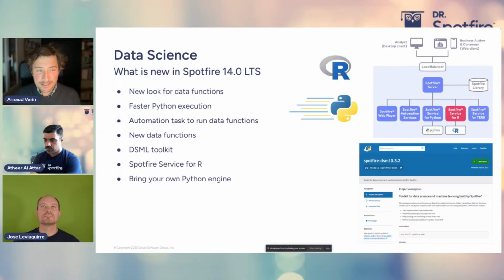One small, but I think important feature we added earlier this year is a new automation task for data functions, which enables you to run data functions automatically as an automated task, and that enables you to run a data function one after the other, meaning that you can execute a data function after a first data function has finished executing.